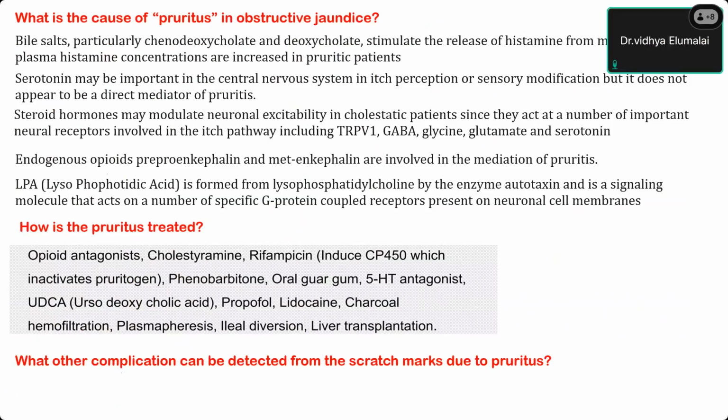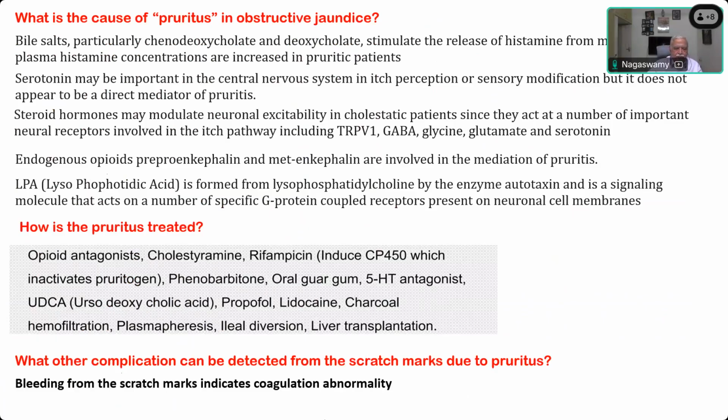Hepatic encephalopathy can be ruled out. So, coagulation defect. Bleeding from the scratch marks indicates coagulation abnormality. Those patients will usually have a prolonged prothrombin time. In those patients, the scratch marks have a bleeding tendency, and you see clotted blood appearing there.